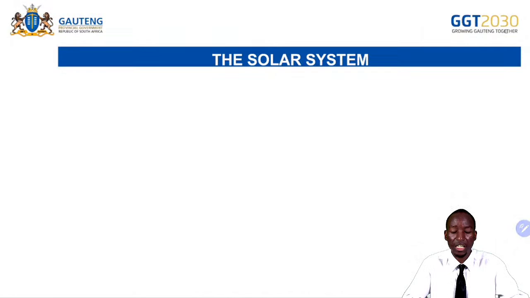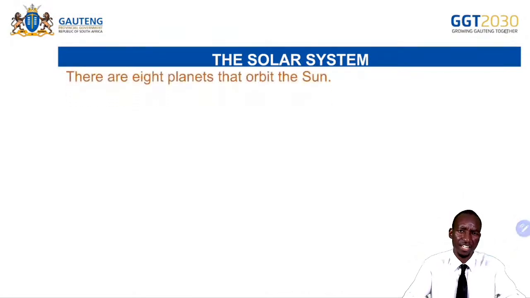As we move on with our solar system, we have to recall that we have 8 planets which are found orbiting around the sun. And these 8 planets are Mercury, Venus, the planet Earth, our very own planet.